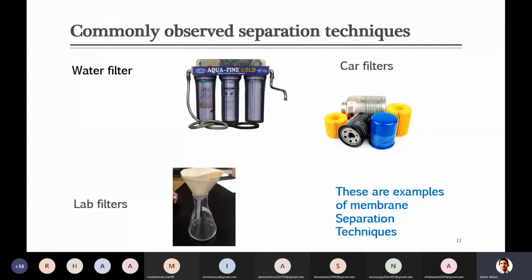If the size of the particle is larger than the pores of the filter, it will be retained on the surface of the filter. Later on, when we study membranes, you will see that sometimes there are some kinds of membrane where even without pores, the separation takes place.